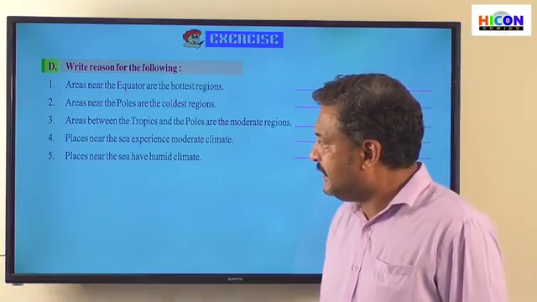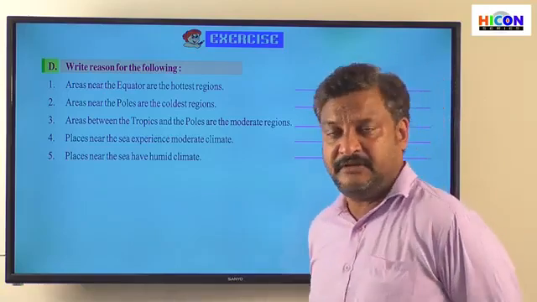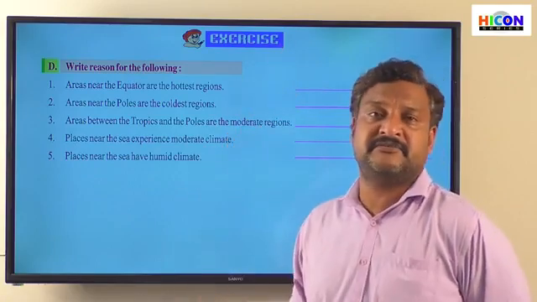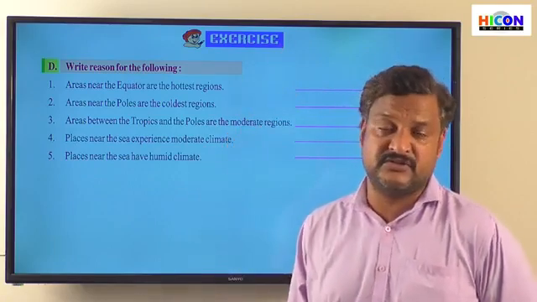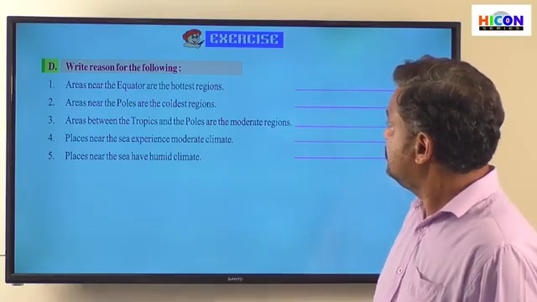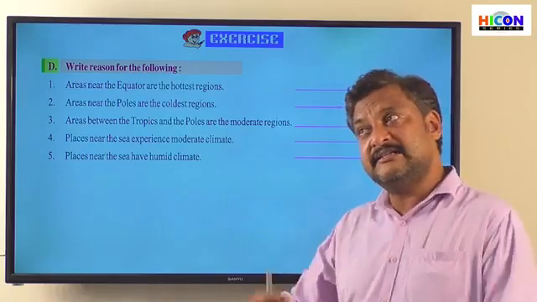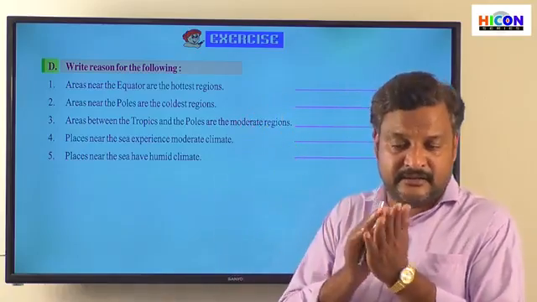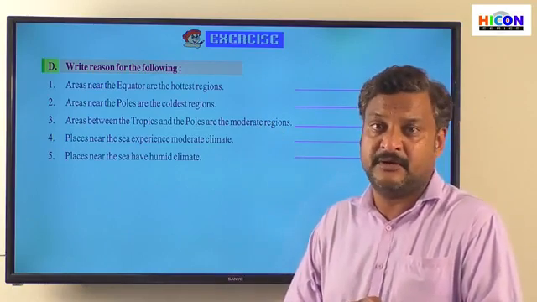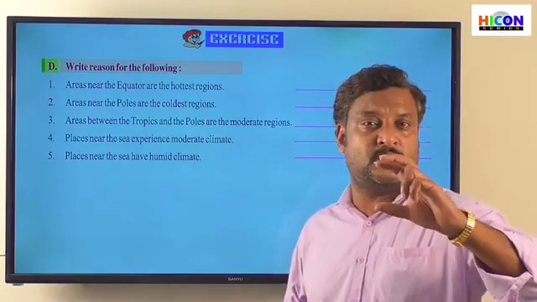Third one, areas between the tropics and the poles are the moderate regions. In between the tropics, we have the torrid zone, the hottest zone. Above the Arctic zones, the pole zones, it's very cold. So the region that lies in between is the region of transition. Transition means change, right? So the Tropic of Cancer, Tropic of Capricorn, that is a torrid zone.